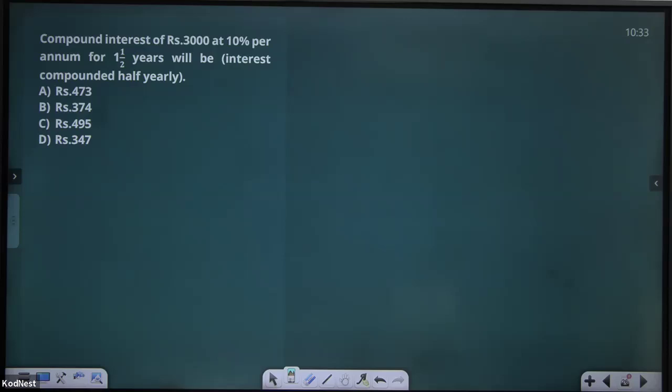It is 1.5 year. Okay. If it is not clearly visible, it is 1.5 year.